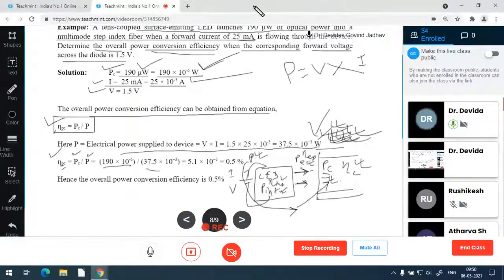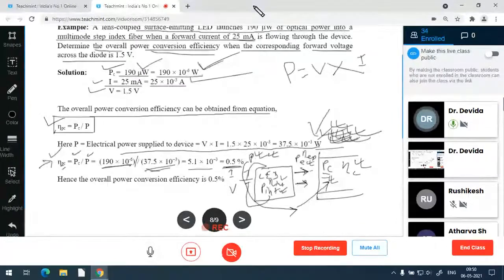Substituting here, what is eta PC, the power conversion efficiency? PC upon P is 190 into 10 raised to minus 6 divided by 37.5 into 10 raised to minus 3, the electrical power. This comes to 5.1 into 10 raised to minus 3, and as a percentage, multiplying by 100, it is 0.5%.